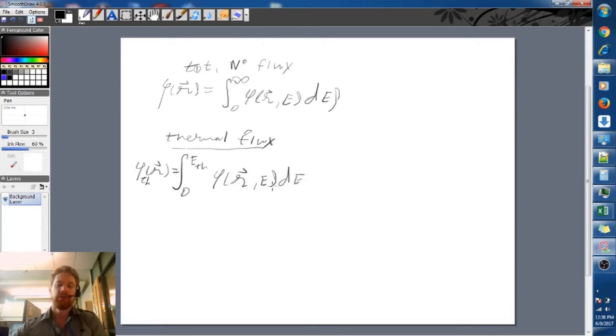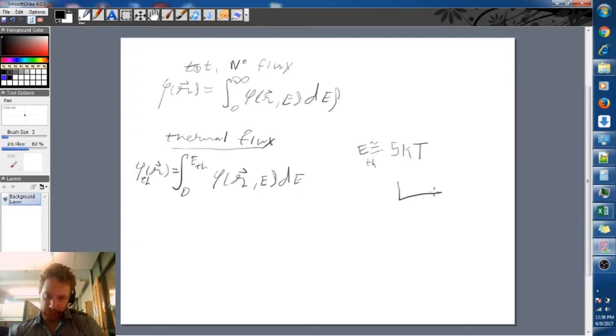The thermal flux is the neutron flux interpreted to be at thermal equilibrium with its surroundings. We can get this from what we call the Boltzmann constant. The rule of thumb I've heard is that the thermal energy is approximately equal to, and I'm not sure where I'm getting this from, I think it's Lamarsh, 5 times Boltzmann's constant times the temperature of the medium.